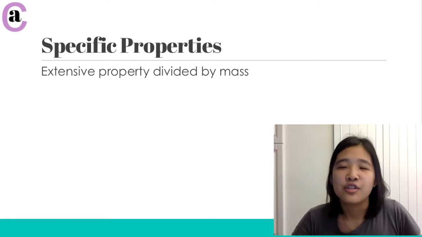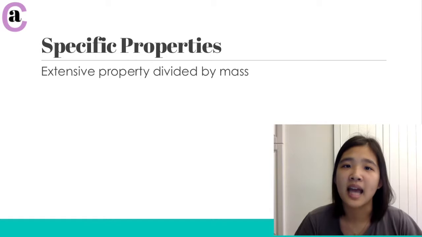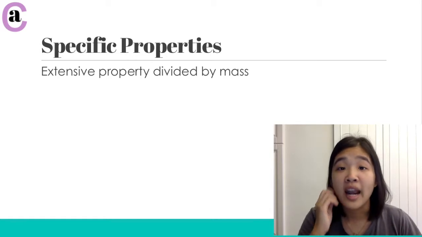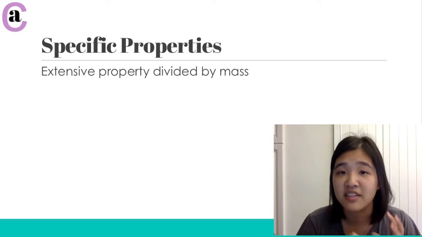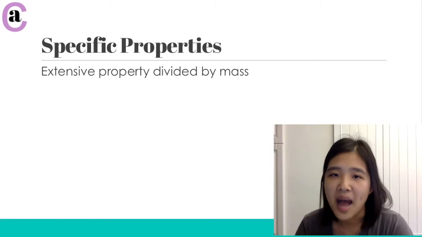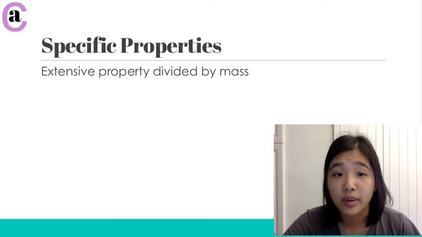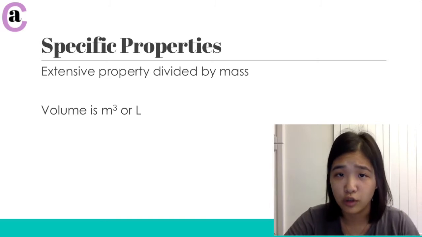Exactly right. So these are a special kind of intensive property because, as we saw before, not every intensive property is something that you can get by dividing by mass, but specific properties are specifically divided by mass instead of some other property.